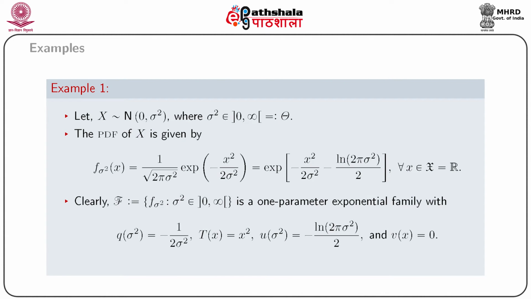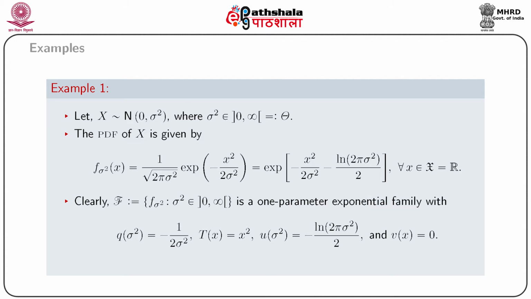Let us consider some examples. Example 1. Let x follow normal with mean 0 and variance sigma square. Then the PDF of x is f x equals 1 by sigma root 2 pi into e to the power minus x square by 2 sigma square, which equals e to the power minus log 2 pi sigma square whole divided by 2 minus x square by 2 sigma square.